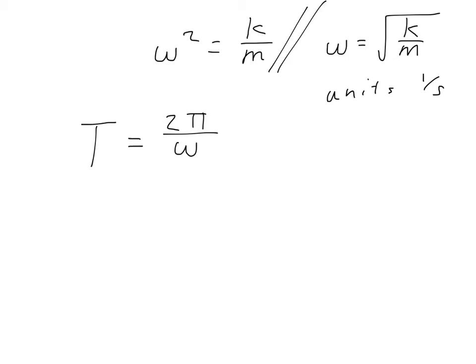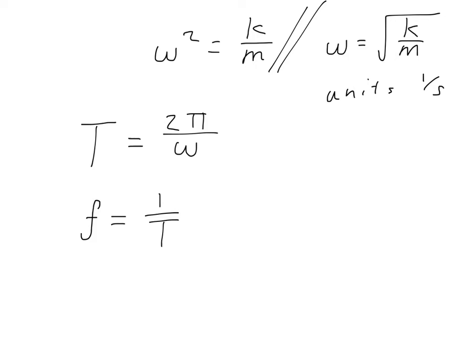Now, period also has a relationship to the frequency that you would know. So frequency in hertz that you know is just the inverse of the period. Frequency is defined as basically how many times you do something in 1 second. And that's exactly what's going to be happening here. The period has units of seconds, now it has units of inverse seconds.